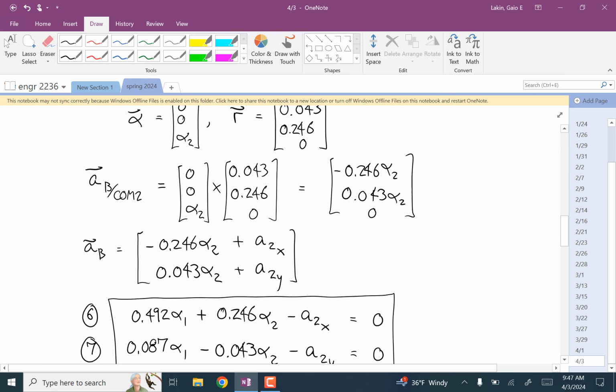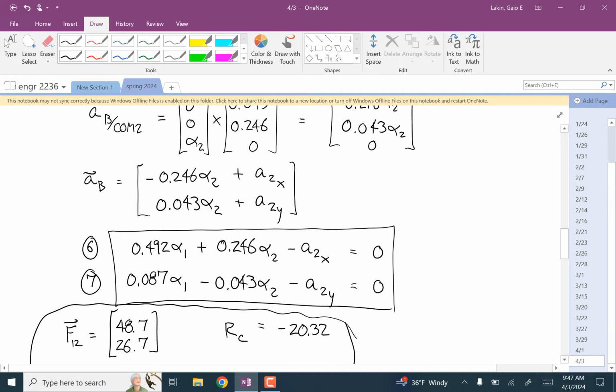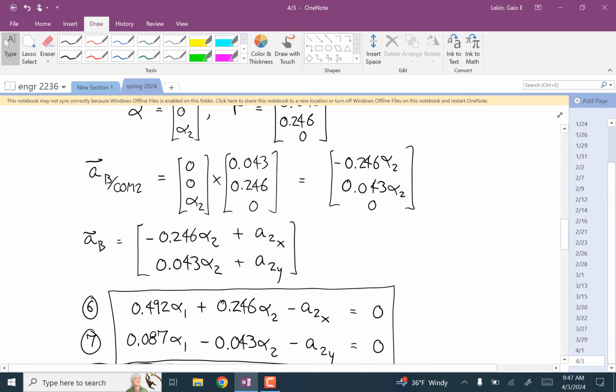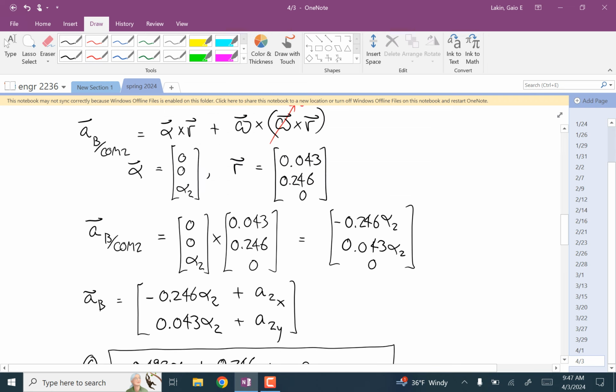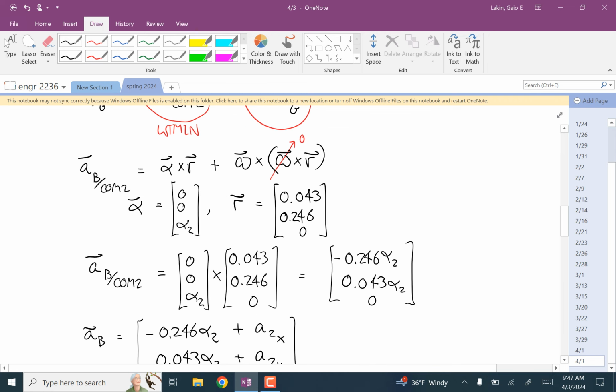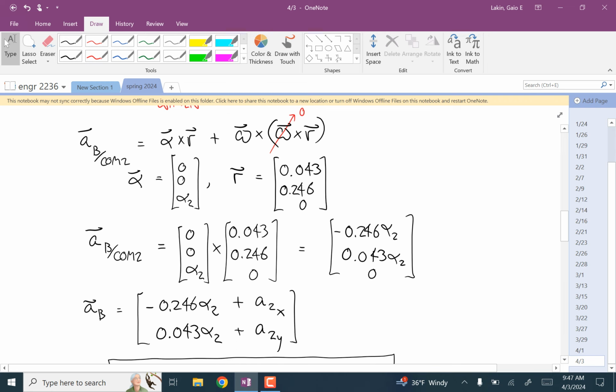And so what we did is we calculated the acceleration of that point C, and then in essence, we took the dot product of that with the unit vector 1, 0, and that gave us our constraint.